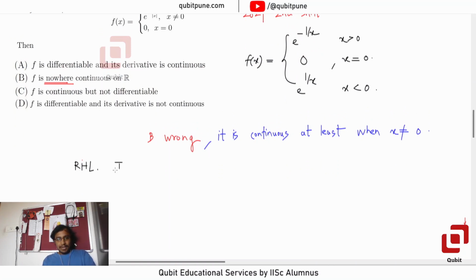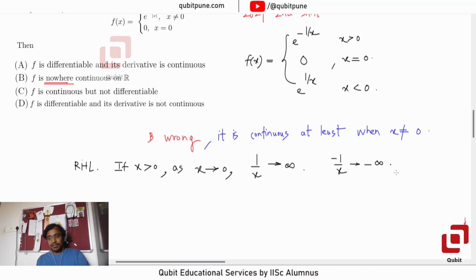If x is positive, as x tends to 0, what happens to 1 upon x? 1 upon x tends to infinity. What will happen to negative 1 upon x? Negative 1 upon x will tend to negative infinity, and therefore e raised to negative 1 upon x will tend to 0. Have you understood this?